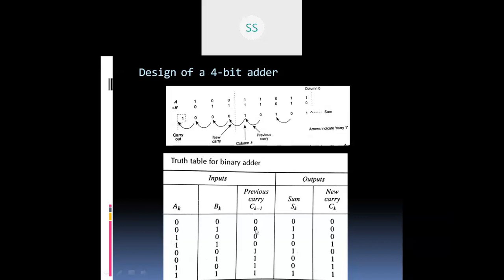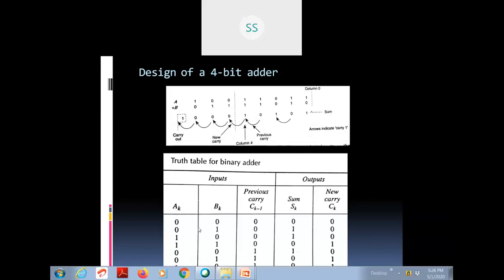Then using that you can write the full adder equation. Sum SK: wherever sum is 1, you are getting 4 terms, so you can use those terms to write the equation.